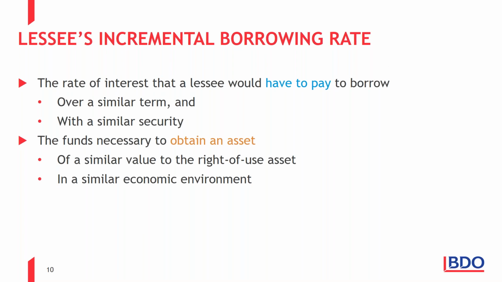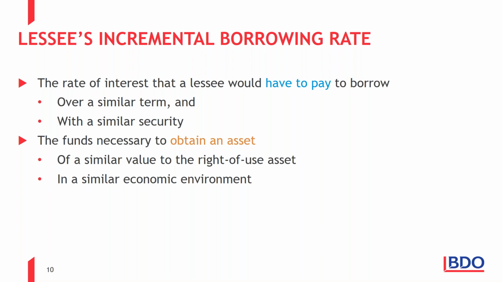Now, the incremental borrowing rate of the lessee is the rate of interest that a lessee would have to pay to borrow over a similar term and with a similar security. So you can see here, we're looking for similar term.